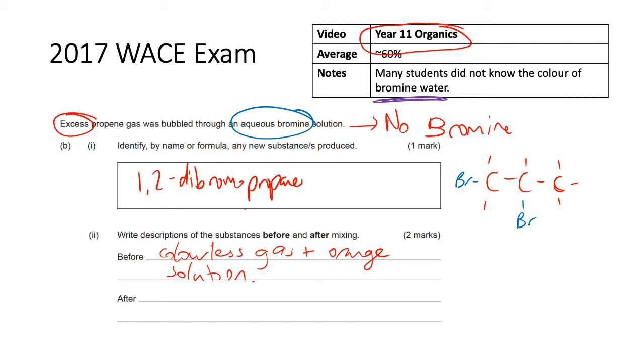And what color is it after? It's just going to be a colorless solution, because all of the orange bromine will be gone because it's the limiting reagent compared to the propane gas. So it's just going to be a colorless solution, and it's going to be a colorless gas because this stuff there is there.